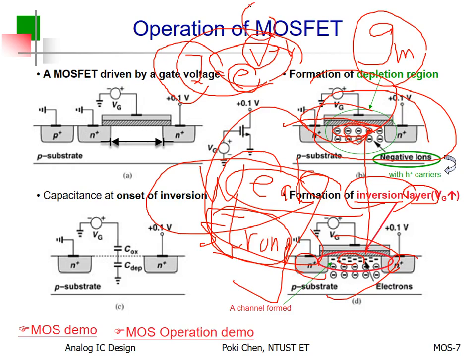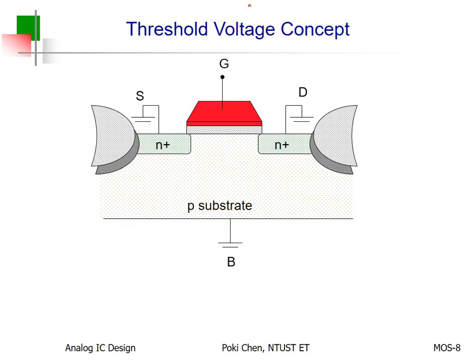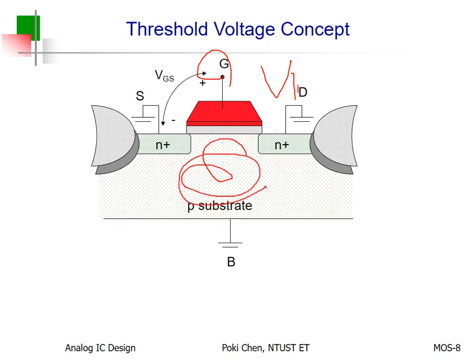Anyway, from the very beginning, nothing. How do we make it work? By applying a good enough voltage to the gate. At VTH, you have P-type holes everywhere, and by applying VTH, no carriers. Congratulations, it becomes a pure semiconductor, an intrinsic semiconductor.